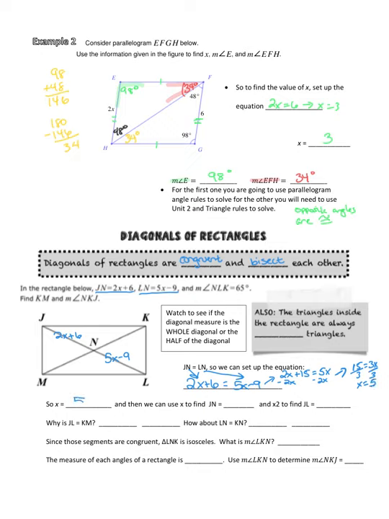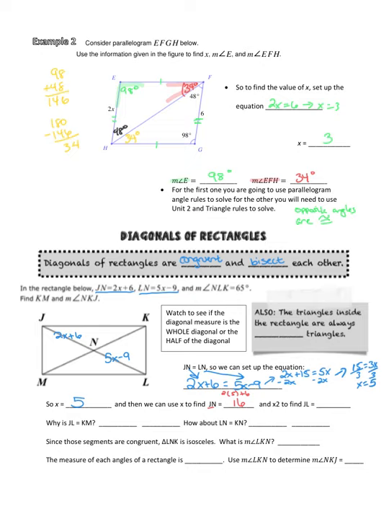Put it in here. So now I've got to find the measure of JN. I substitute x. JN is 2 times 5 plus 6, which is 16.